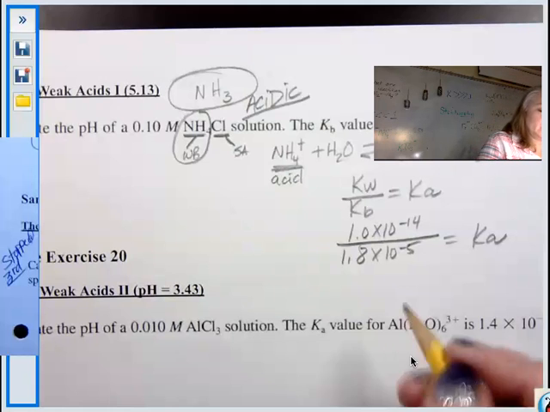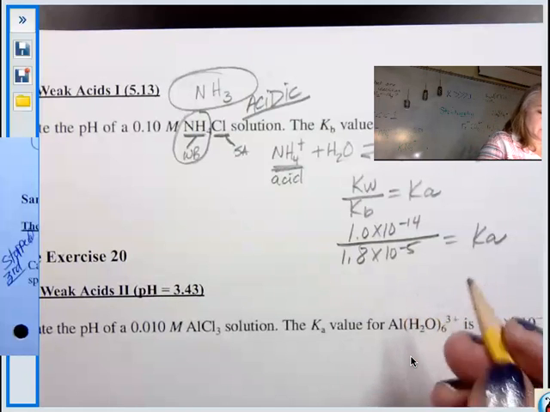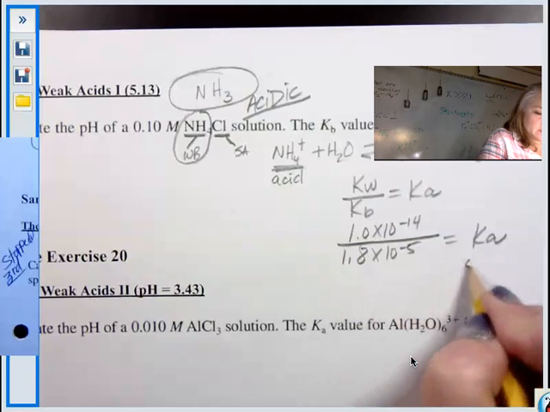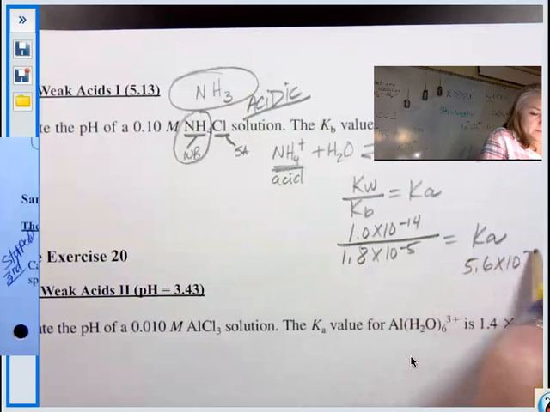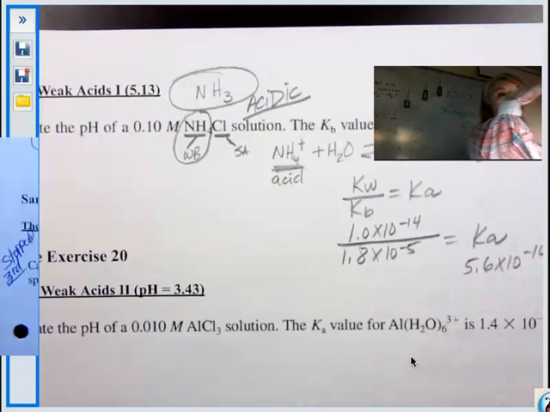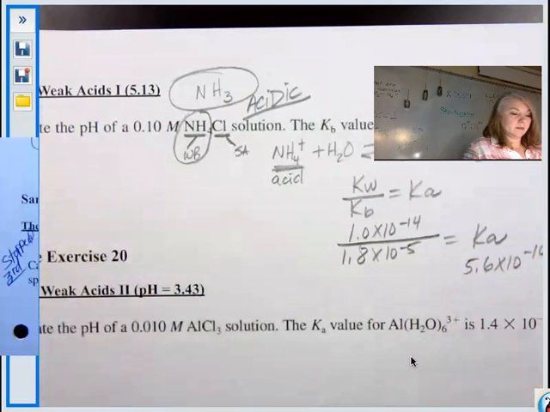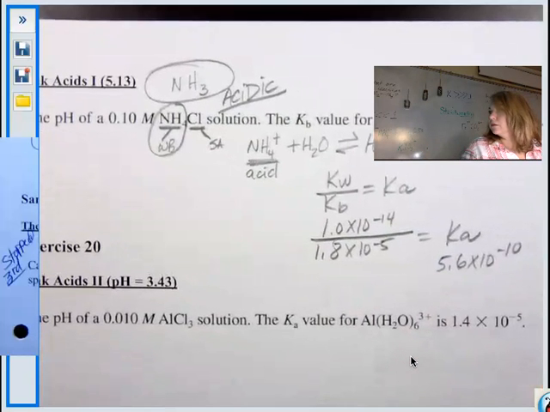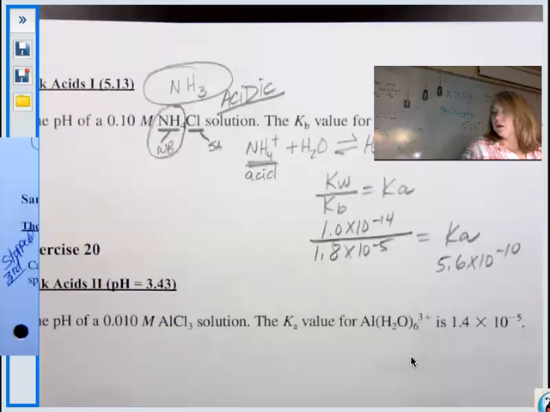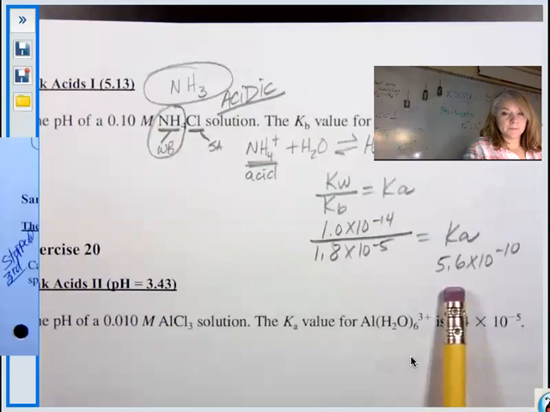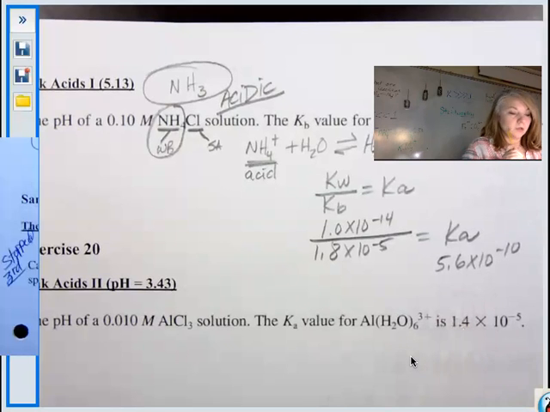All right, so what are y'all getting for your Ka value here? Okay. All right, so what are we going to do next? What's our next part of this problem? We know it's going to be an acidic solution. How are we going to find the pH? What are we going to do? Are we going to take the negative log of that? No, you put Ka.